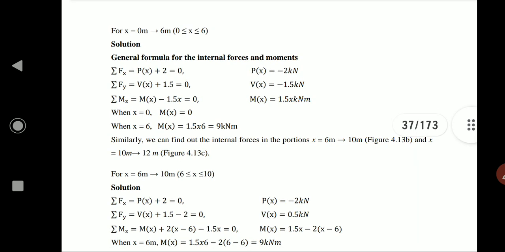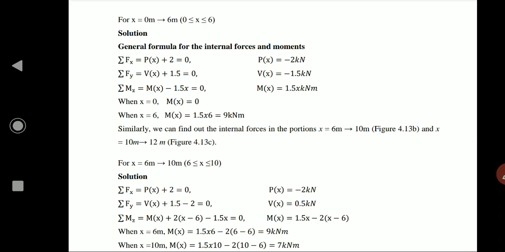When x is 0, the bending moment is 0. When x is 6, our bending moment becomes 9.